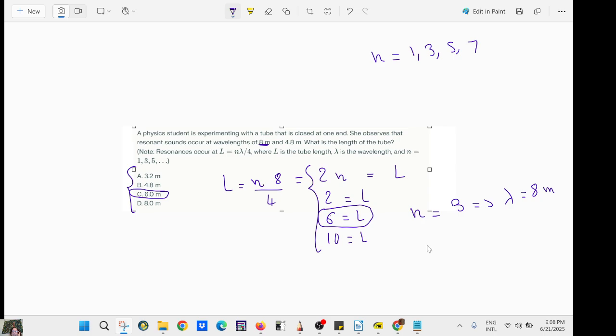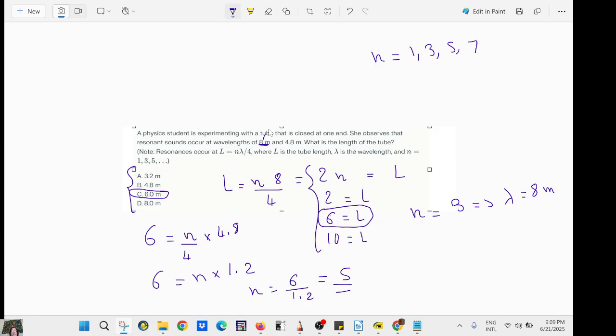Let's say now L equals 6. So 6 equals n over 4 times 4.8. Let's look at the other n. So 6 equals n times 1.2. So n equals 6 divided by 1.2, which is 5.